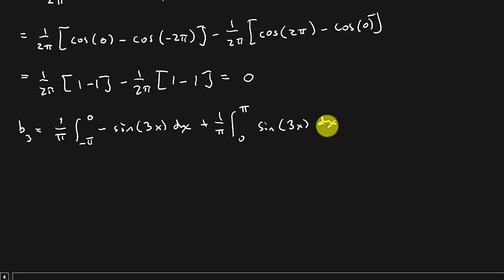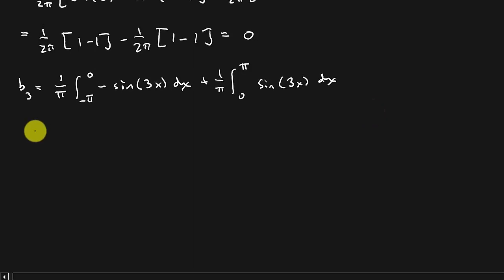And then we need to integrate this. And so that's going to be 1 over pi, and then the antiderivative of negative sine is cosine.